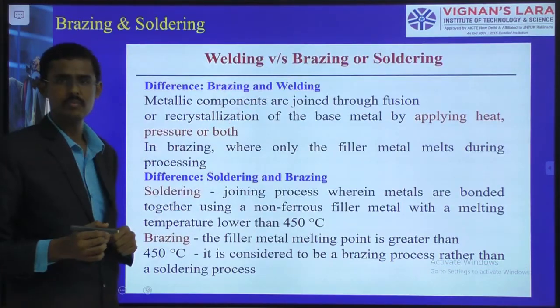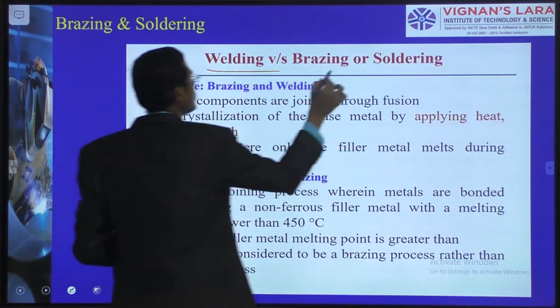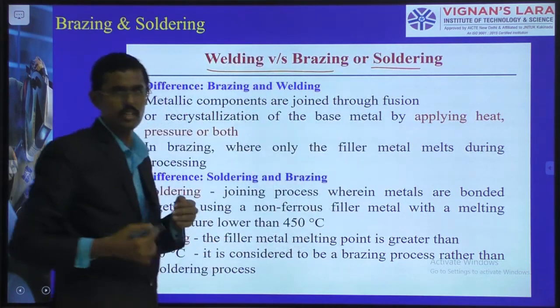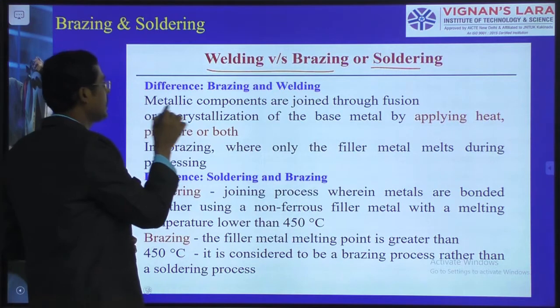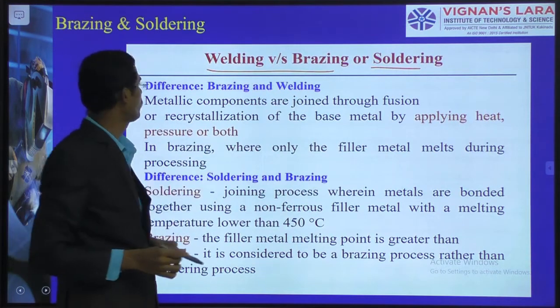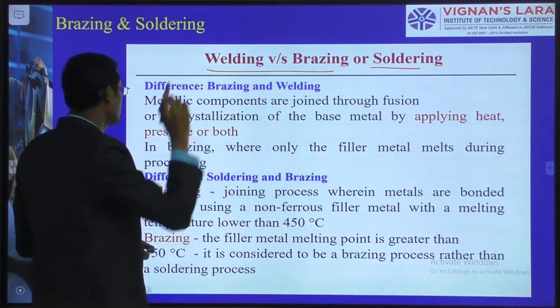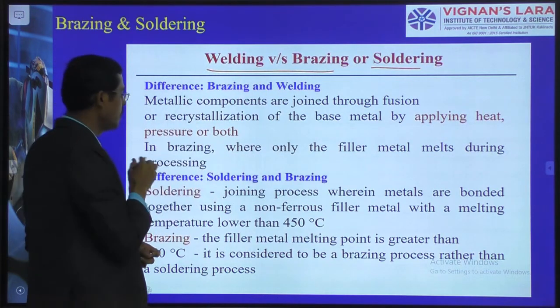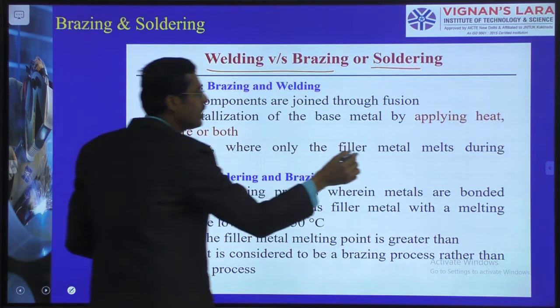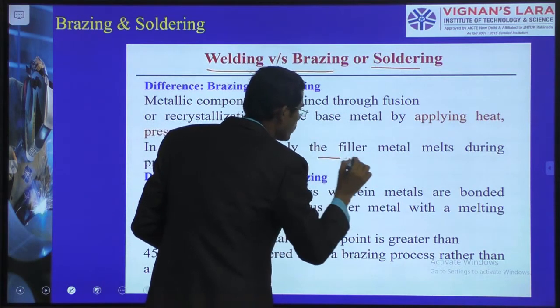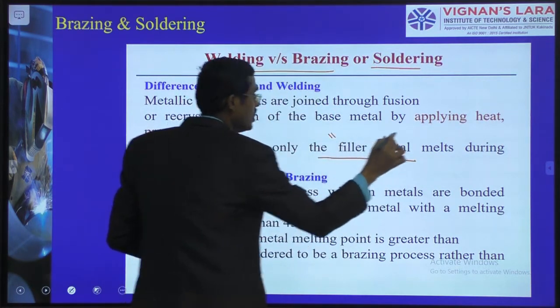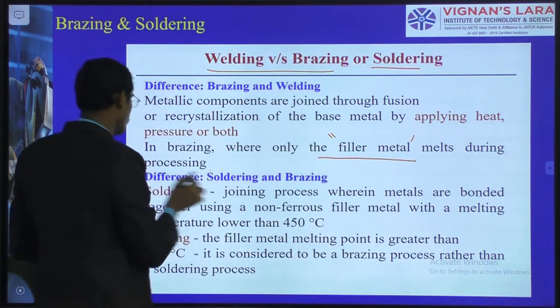Now we come to brazing and soldering, another type of welding. Metallic components are joined through fusion or recrystallization of the base material by applying heat, pressure, or both. In brazing, only the filler metal melts, the same point we made on the first slide. The filler metal melts during the process.